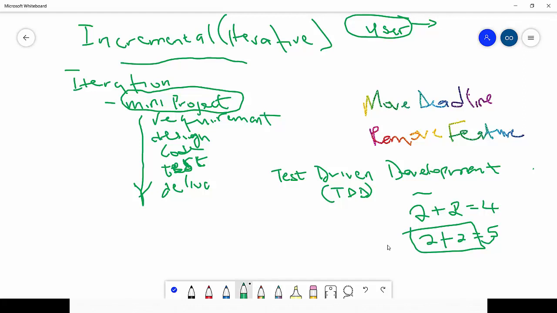So what it's trying to tell you is you can start writing your tests to test. When I say test, I mean testing the functionality of your code based on the requirements. Once you write the test, definitely before you write the code, the test will fail.